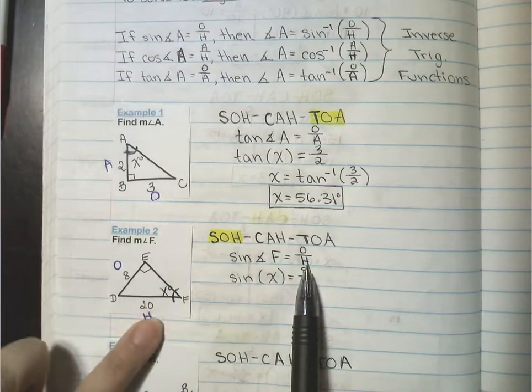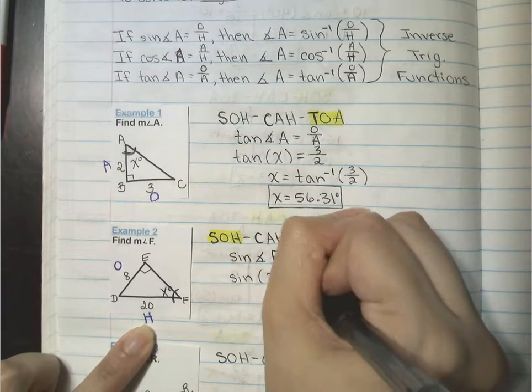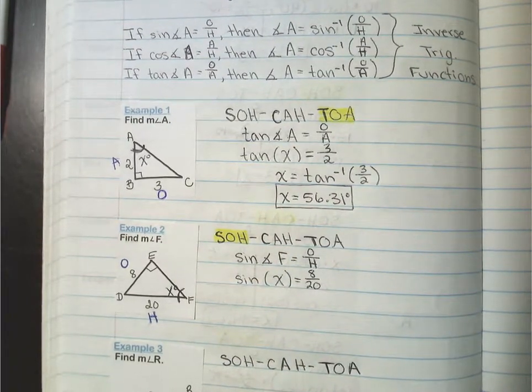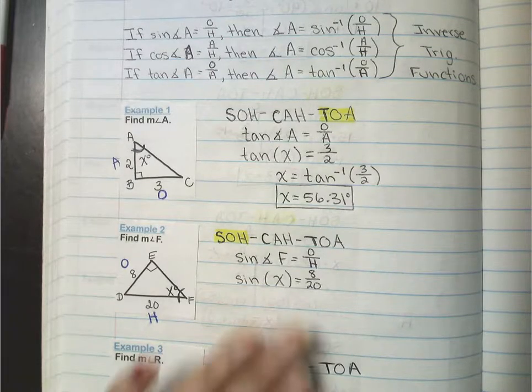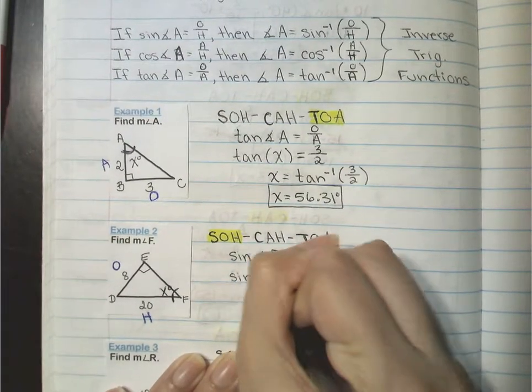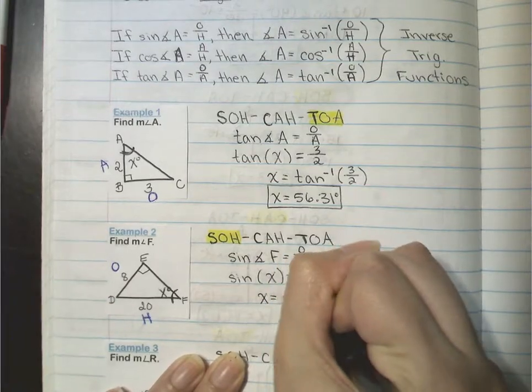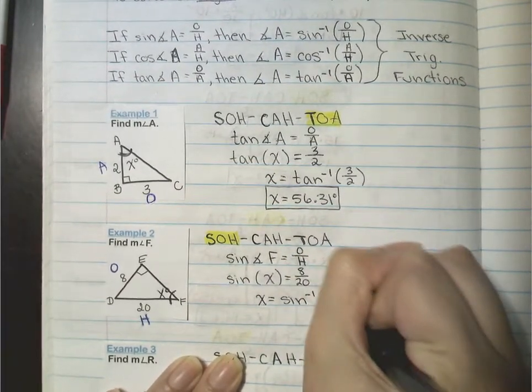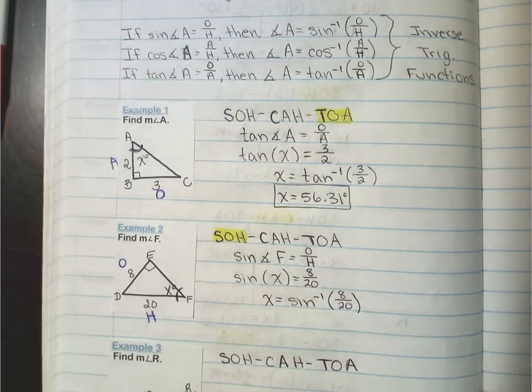The h is the 20, so 20 goes in the bottom. Again, to get x by itself, I'm going to take the inverse of sine. So x equals inverse of sine for my ratio 8/20. I'm going to type that into the calculator.